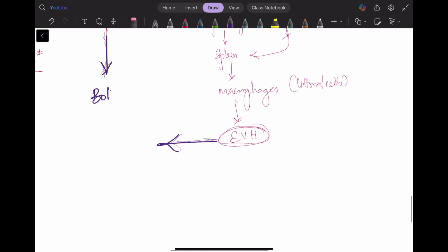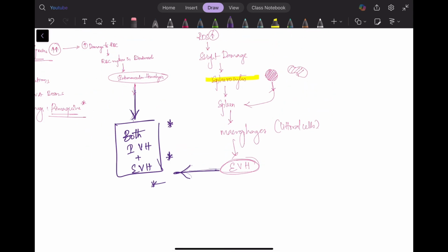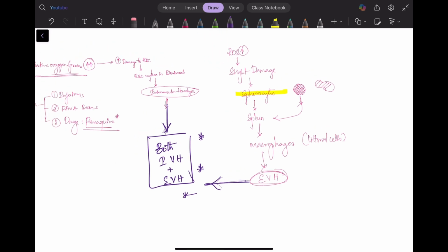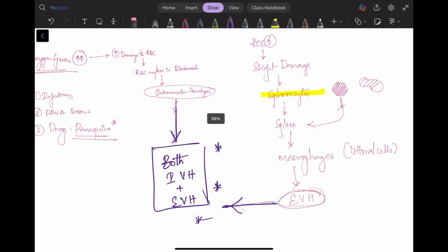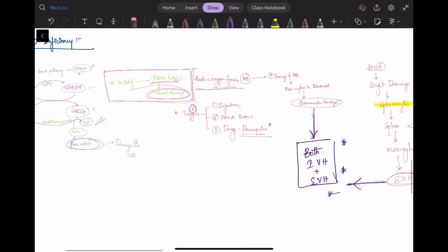So the speciality of this G6PD deficiency, you see both intravascular hemolysis plus extravascular hemolysis. Very important concept, don't forget about this. Make a note of this, very important. So where you see both intravascular and extravascular hemolysis, it is in your G6PD deficiency. So this is your pathogenesis.